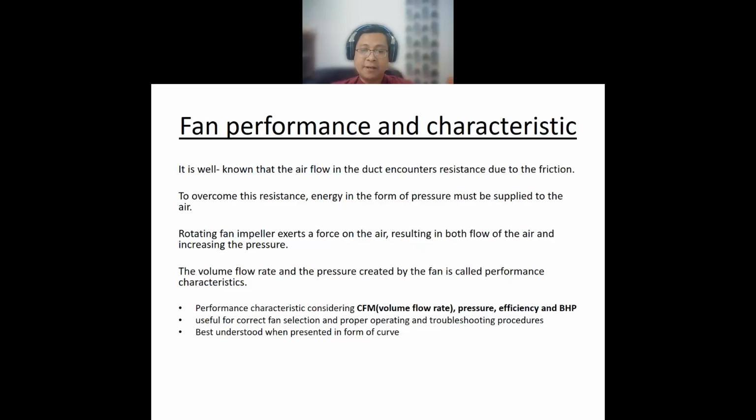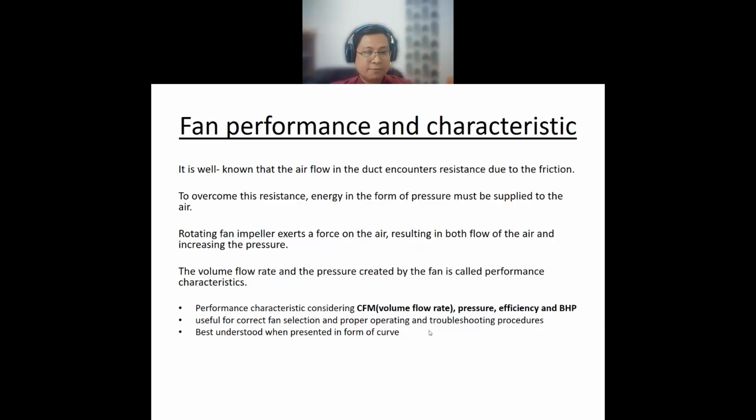From the CFM, pressure, efficiency, and BHP. So all these criteria will be discussed in this topic, under the fan performance, sorry.